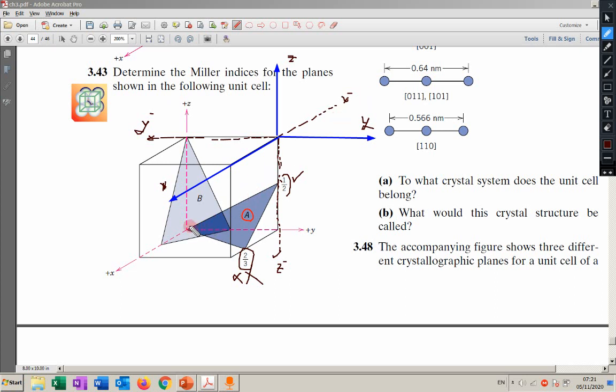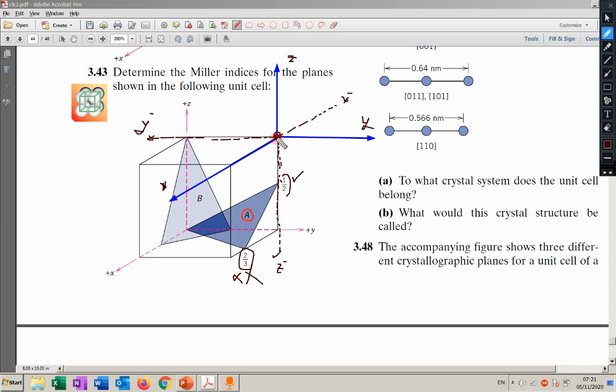Again, for the y-axis, plane A does not intersect the y-axis. It's not even parallel. If it was parallel, okay, but it's not even parallel, so I cannot find the intersect. Why? Because of the location of the origin.